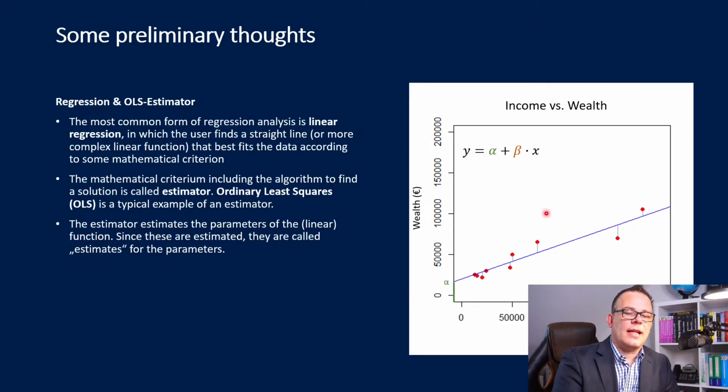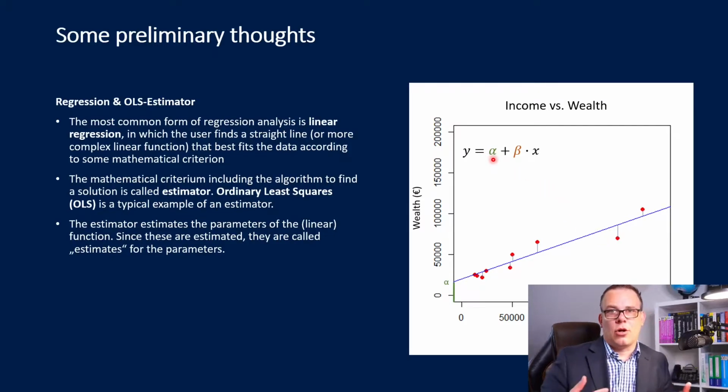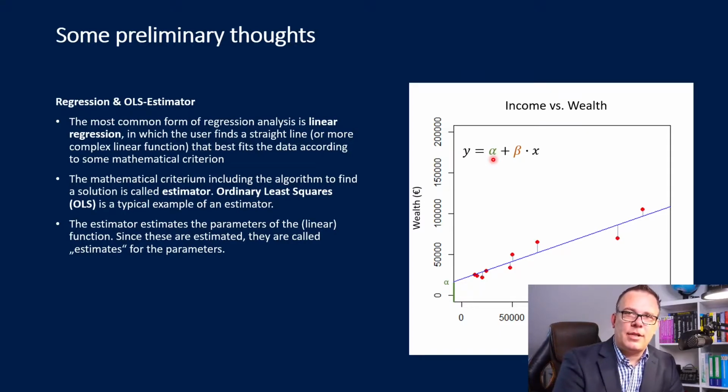Epsilon is given and x is typically given. Nevertheless, we need an alpha and beta to draw this line, and the estimator estimates those two parameters. Accordingly, those two parameters are called estimator for alpha and estimator for beta.